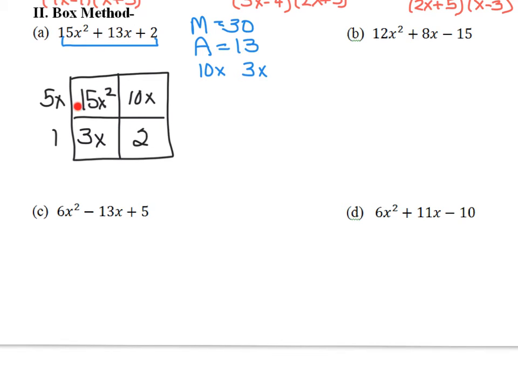Now I'm going to look in the first column, and I see that my GCF is 3x. Then I'm going to look in the second column, and I see that my GCF there is 2. So just like with the method of grouping, I then use those numbers as my factors. So 3x plus 2 times 5x plus 1.